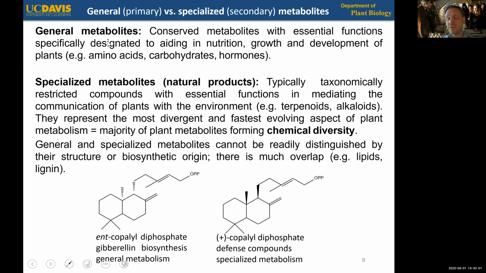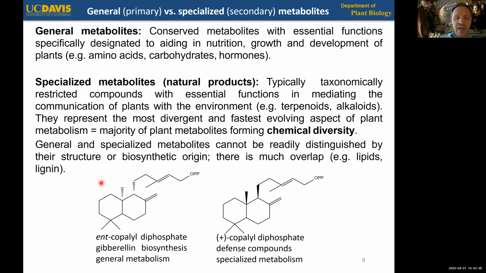But this major difference, this gray zone I mentioned between functions, is also reflected in structures. So you cannot say that a metabolite group is a specialized metabolite group just defined on its structure. They're really fine differences. One example I can highlight here is two precursors of diterpene metabolism.